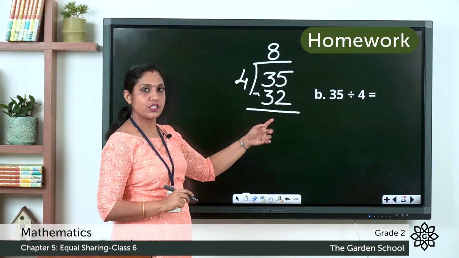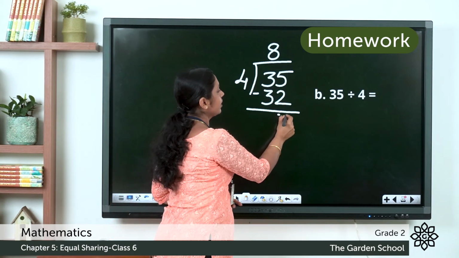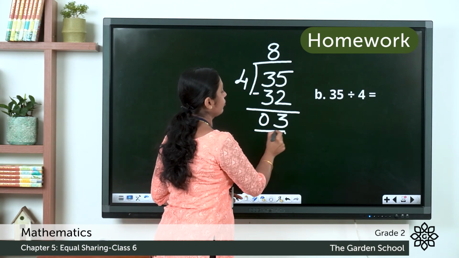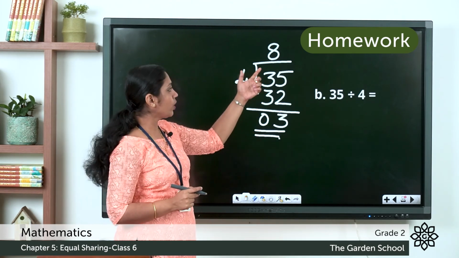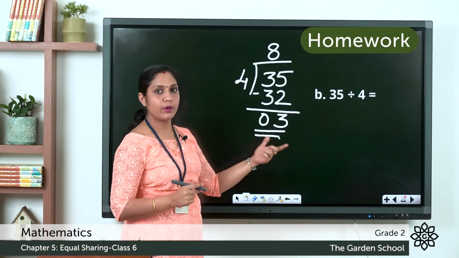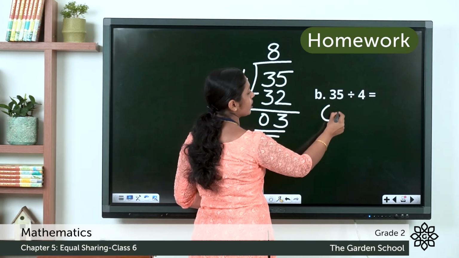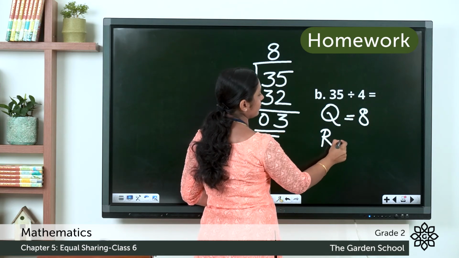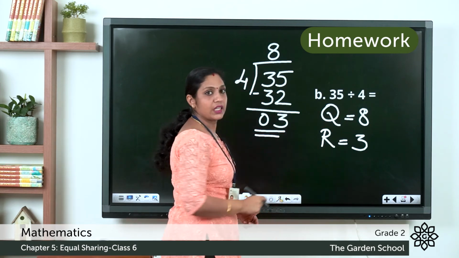Now 5 minus 2 is 3 and 3 minus 3 is 0. So we finished the division because there is no other number to bring down. So what is the answer? 35 divided by 4. Write it as the quotient is 8 and the remainder is 3.